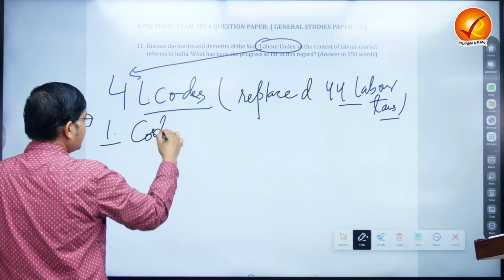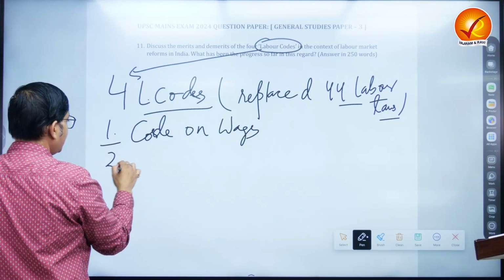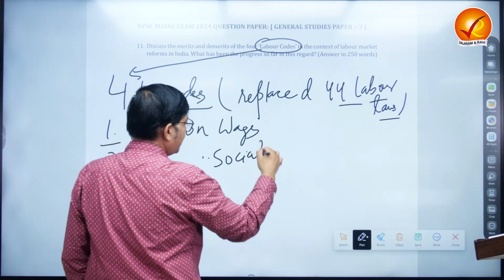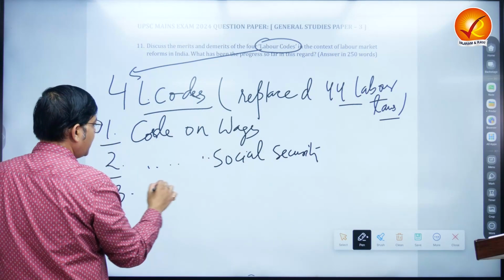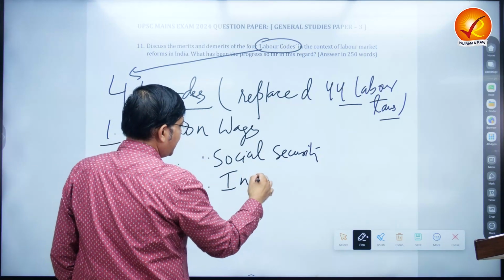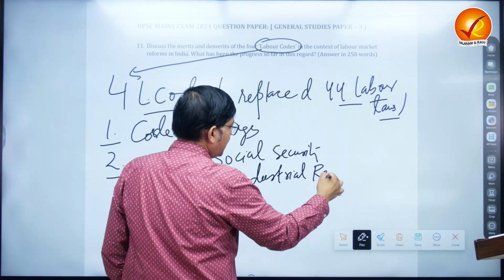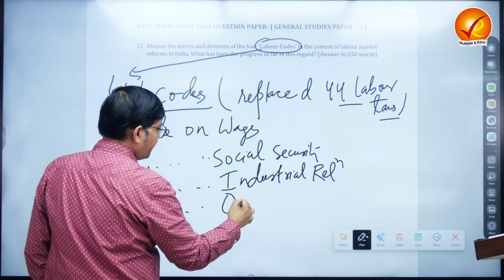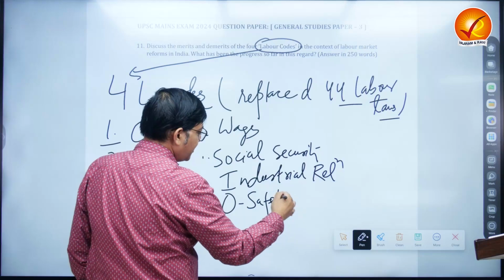Code on wages, code on social security, code on industrial relations, and code on occupational safety, health and working conditions.